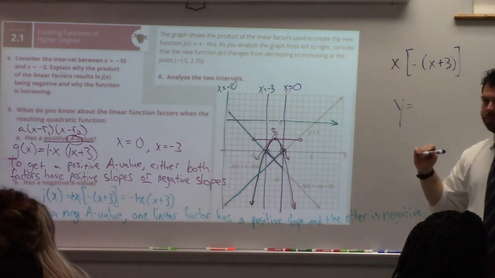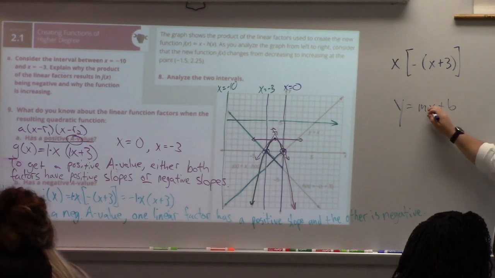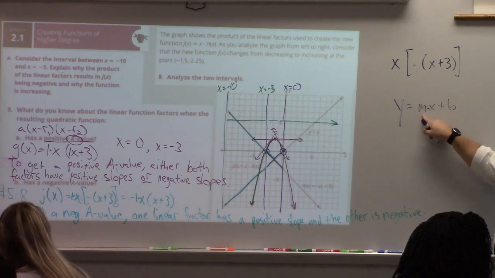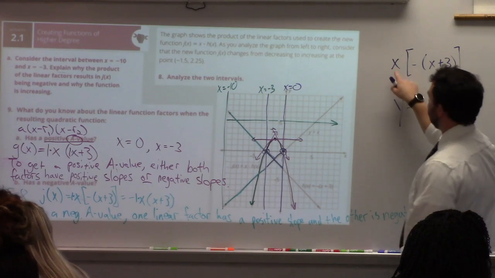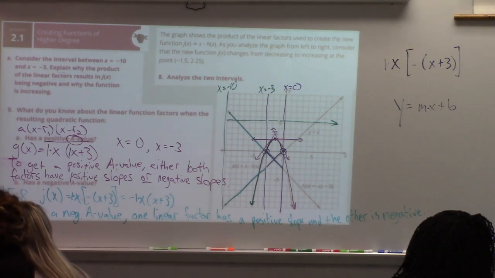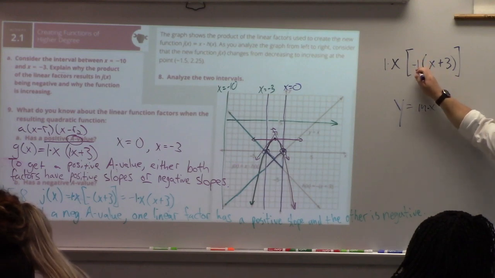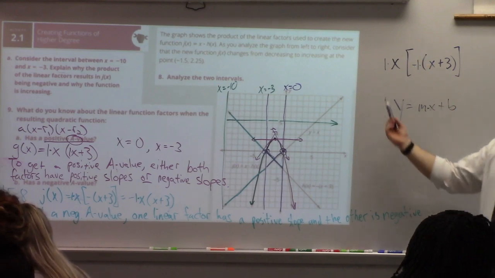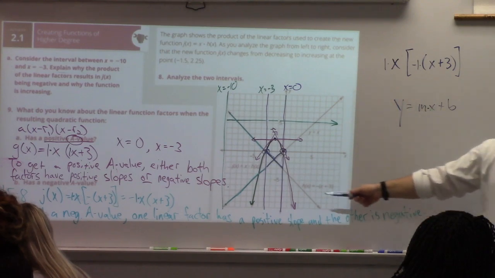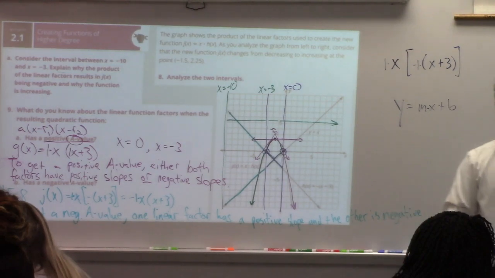Y equals mx plus b. So remember, the slope is the coefficient on the x, because that's what's being multiplied. So what's understood to be multiplied by this x? 1. So it can be things other than a 1, but in this case, that's a positive 1, right? If you were to distribute here, you would see that this is a coefficient of negative 1. So a positive times a negative is how we're getting that negative a value. Does that answer your question?